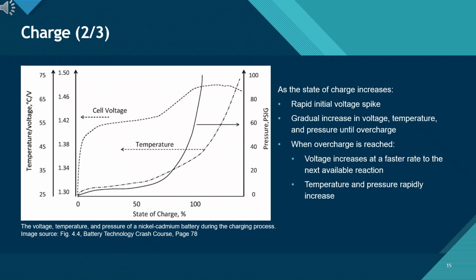At the same time, temperature and internal pressure rise rapidly. This is the danger zone for overcharging. This graph serves as a clear reminder. Monitoring voltage, temperature, and pressure during charging is crucial. In production or maintenance, if you see unusual jumps in temperature or pressure, that's a red flag. It means the battery is no longer charging efficiently. It's heading into overcharge, which can damage the cell or create safety risks.